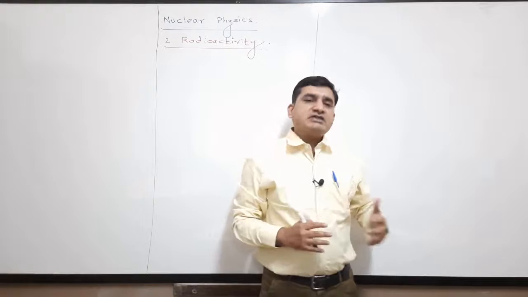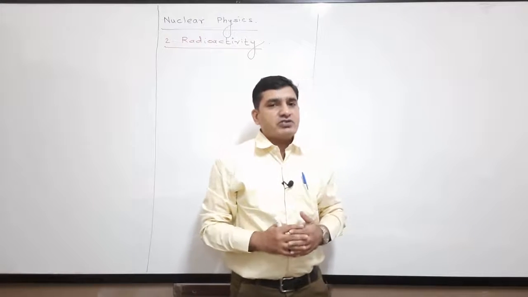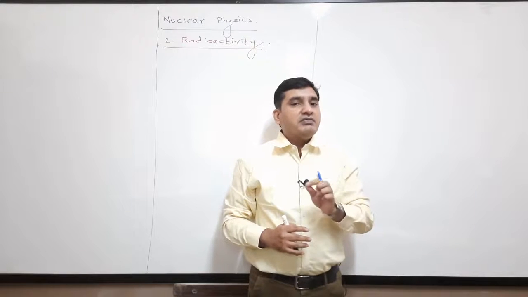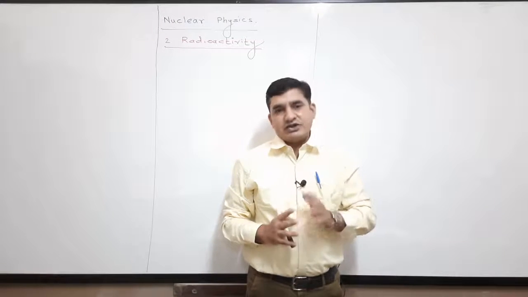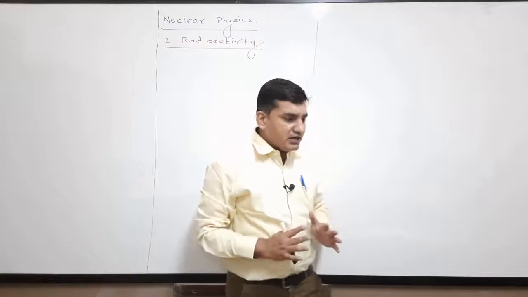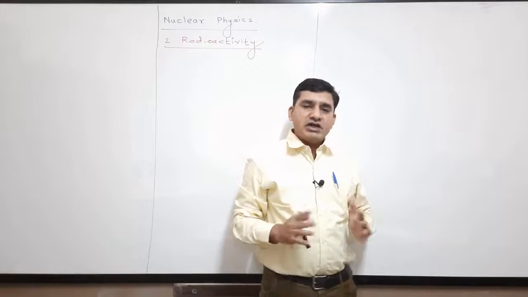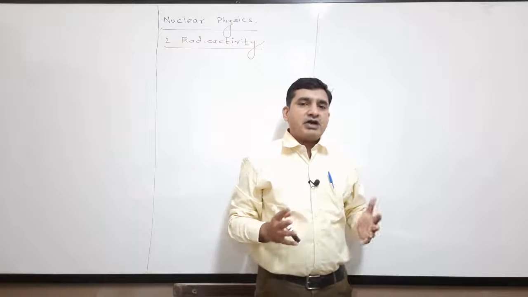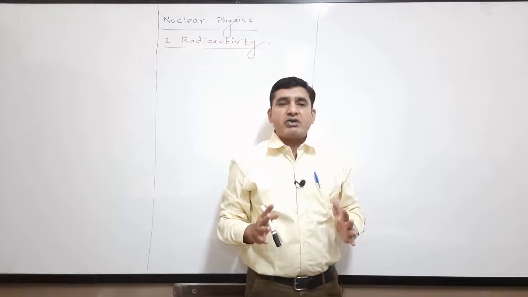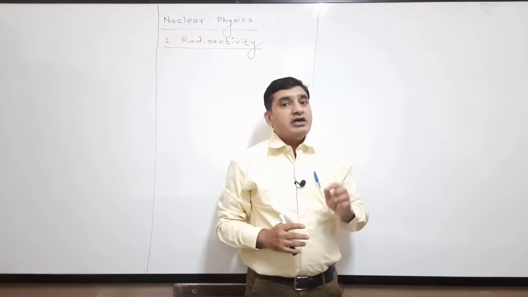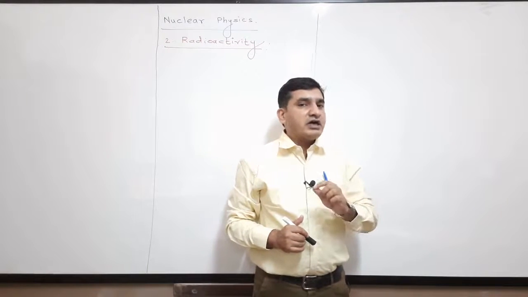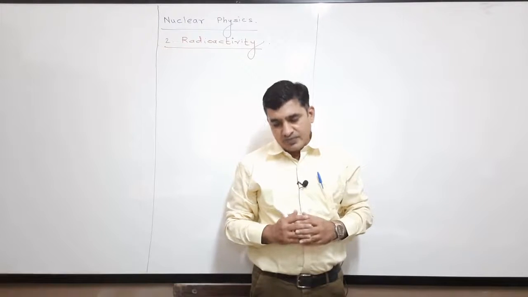In the previous lecture we discussed the properties of alpha particle, beta particle and gamma radiation. Alpha particle is also known as a helium nucleus, while beta particle is an electron and gamma radiation is an electromagnetic wave. In this lecture, we are going to see the law of radioactive decay.